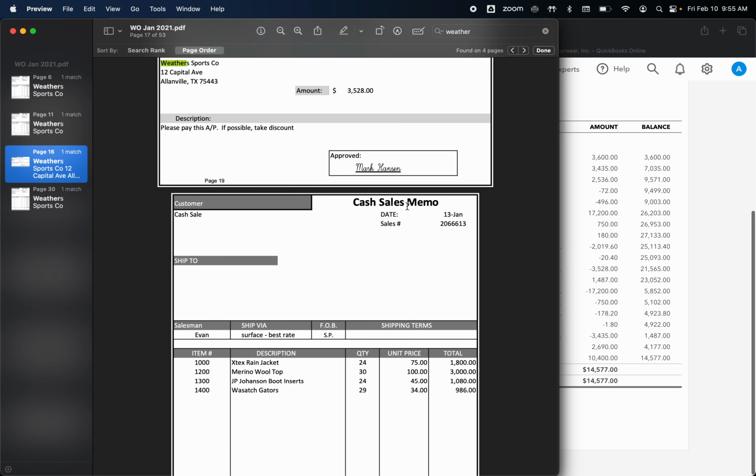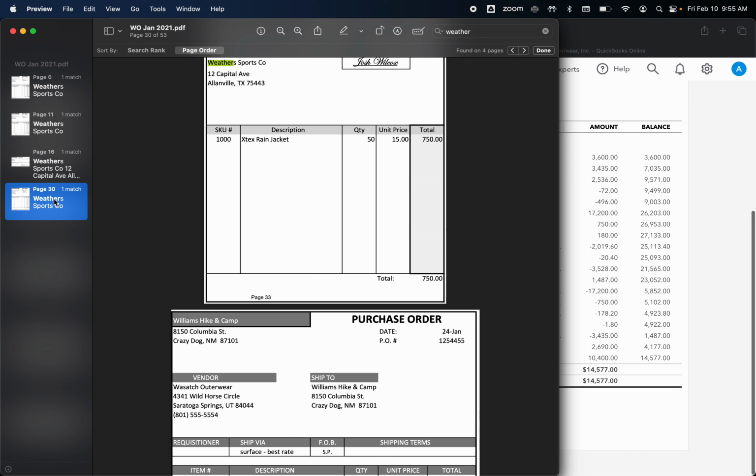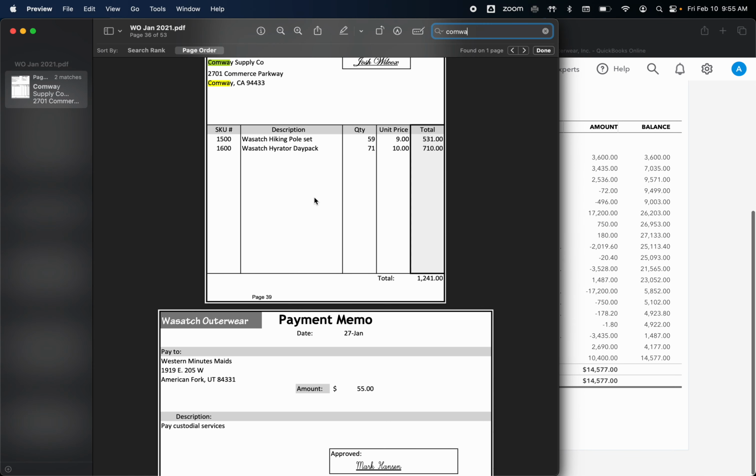Then we pay the 35.28 with the discount. $7.50. I don't think the 1487 is Weather Sports related. I think it's Conway Supply related, and maybe something else, because we don't have this 1241 in here at all.